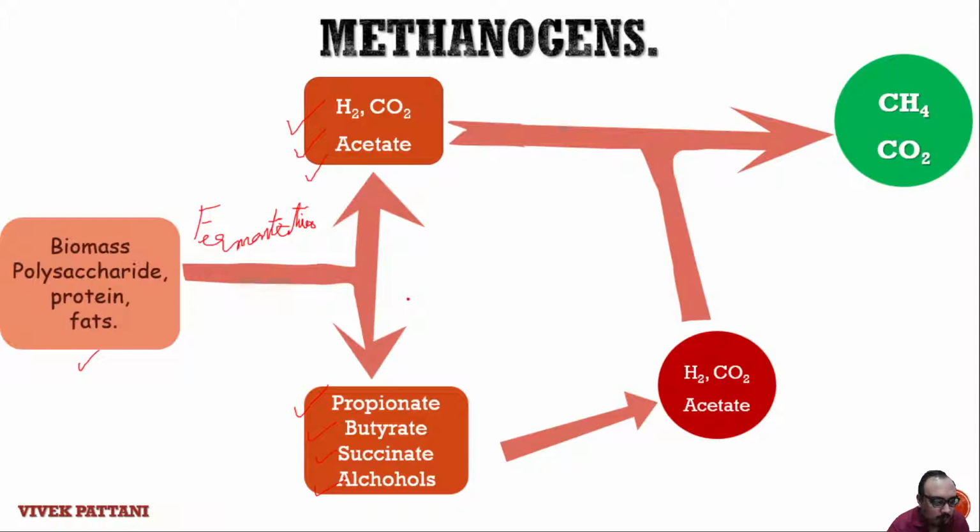Another goes through propionate, butyrate, succinate and alcohols, and these are known as acetogenic bacteria, which produce hydrogen, carbon dioxide and acetate. This process is done by acetogenic bacteria, and finally the last process is carried out by methanogens.